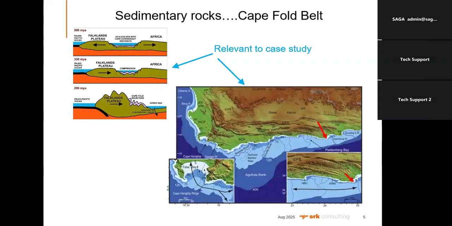So we're essentially looking at the Thyspunt nuclear site, which is near St. Francis. And there you can see the Cape Fold system. And this is all, of course, in a sedimentary rock environment. This is the Table Mountain Group sandstones.